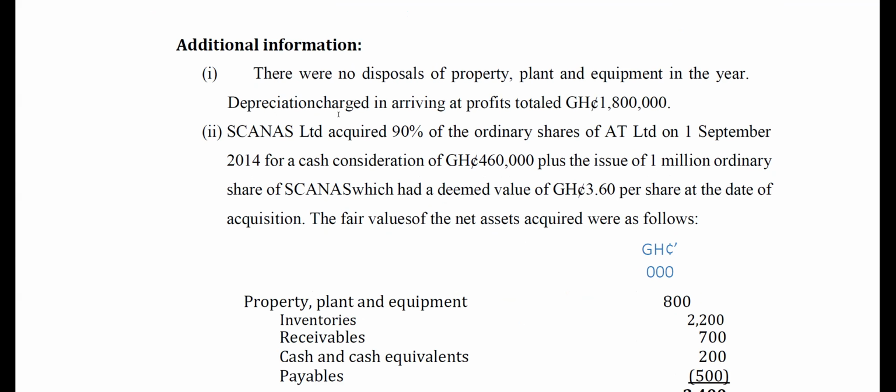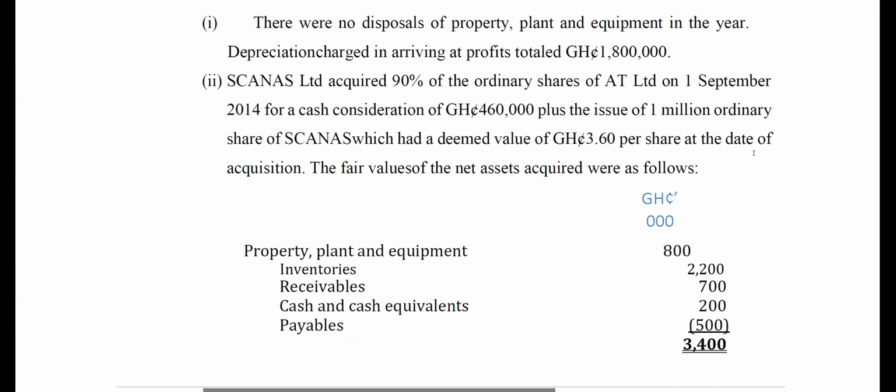Scanners Limited acquired 90% of the ordinary shares of AT Limited on 1st September 2014 for a cash consideration of 460,000 plus the issue of 1 million ordinary shares of Scanners, which had a deemed value of 3.6 Ghana cedis per share at the date of acquisition.